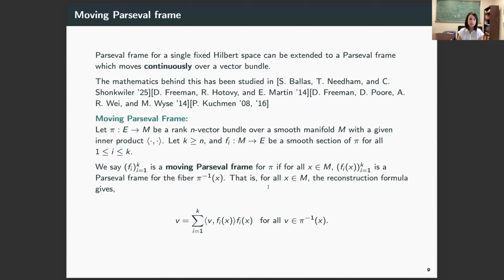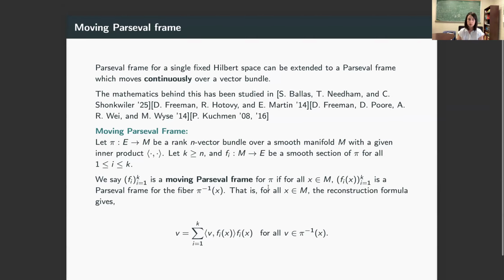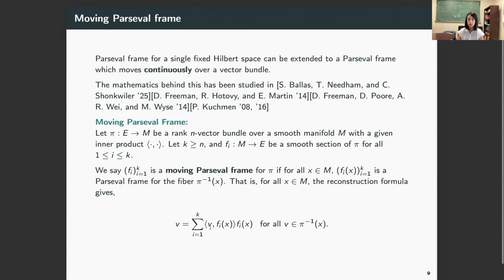So you can think of it as taking any vector in the fiber, and the reconstruction formula is going to recover v by only looking at the frame coefficients of v with Fi of x. So this is what we will use and study with the idea of moving Parseval frames, and we're going to go into details with that.